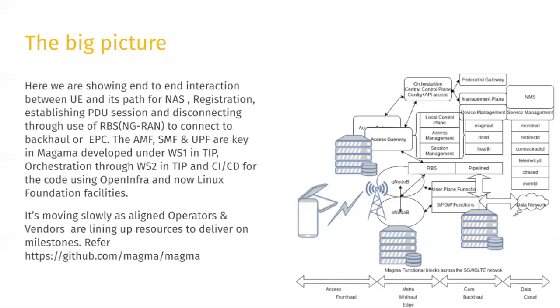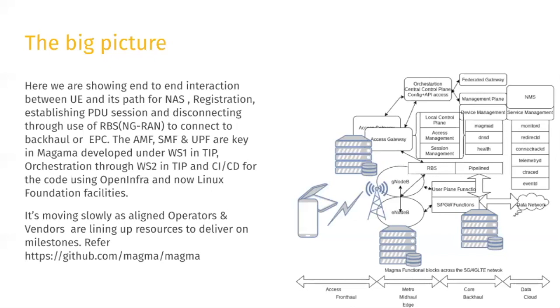These are the three main functions which bring together the 5G core to be able to be connected to the access gateway through access gateway management, and then allow the UEs to connect and operate and disconnect, do the paging, do the QoS, all those kinds of things which are related to the user plane function.